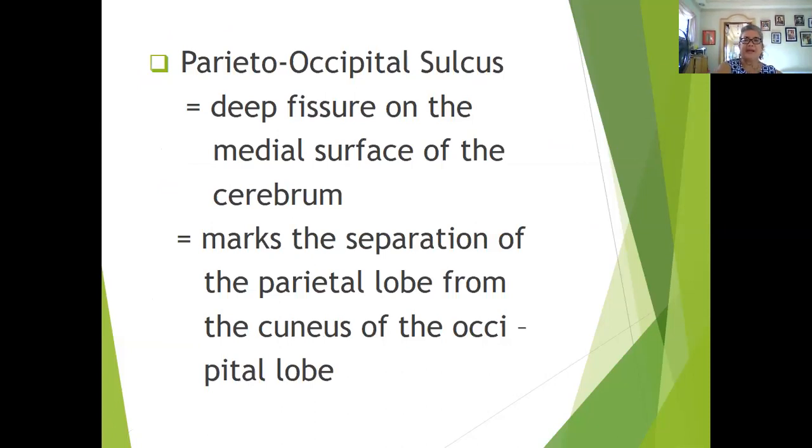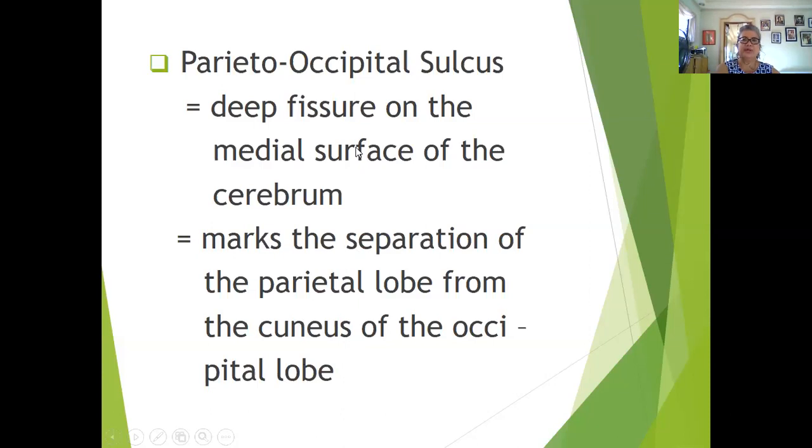Then you have the parieto-occipital sulcus. This is a deep fissure on the medial surface of the cerebrum, and it will mark the separation of the parietal lobe, specifically the precuneus of the parietal lobe, from the cuneus of the occipital lobe.